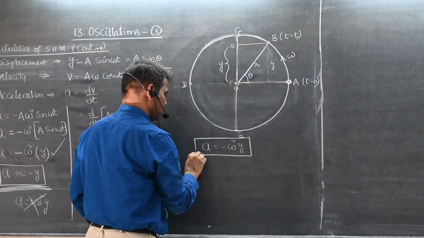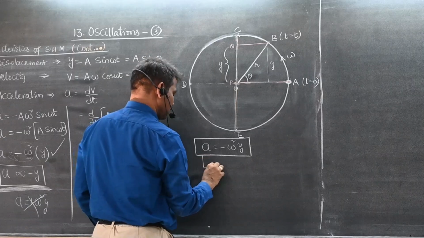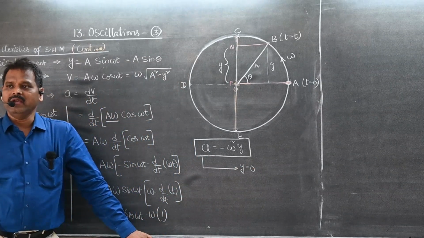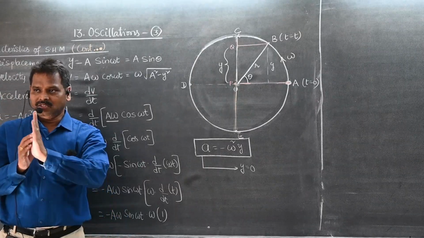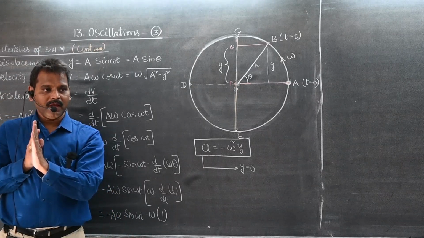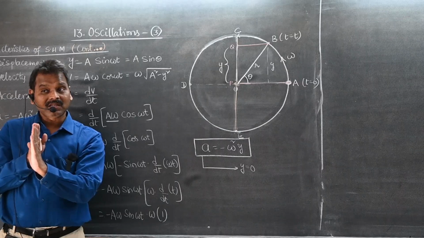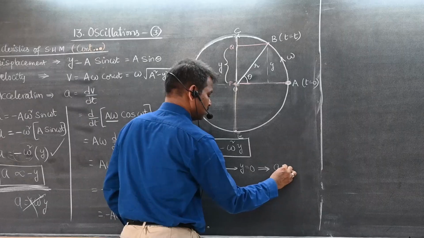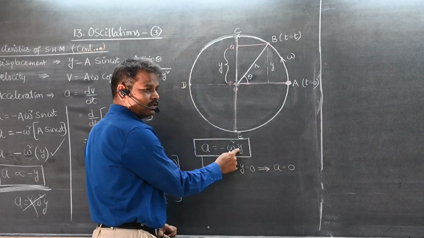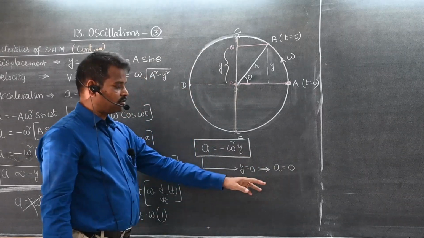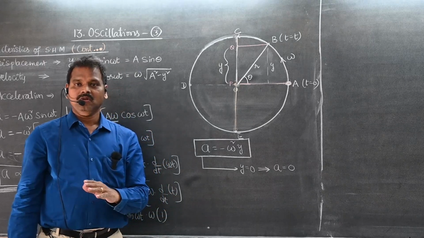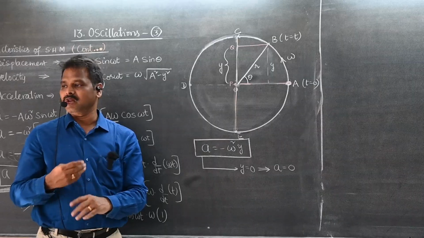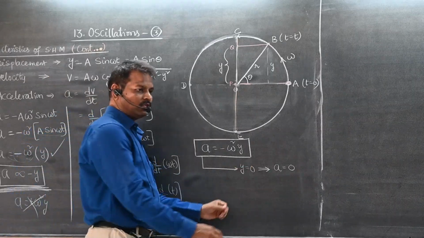Now for case 1, if y is equal to 0, what is the meaning of this? Displacement is measured from the mean position, and y equal to 0 means the particle is at the mean position. What is the corresponding acceleration? 0 into anything is 0, so acceleration is 0. Force is equal to mass into acceleration. When acceleration is 0, can I say force is 0?